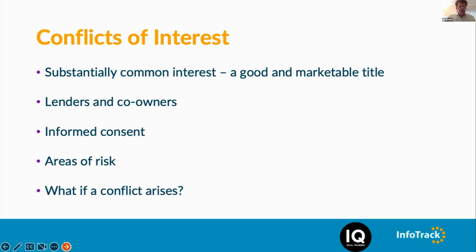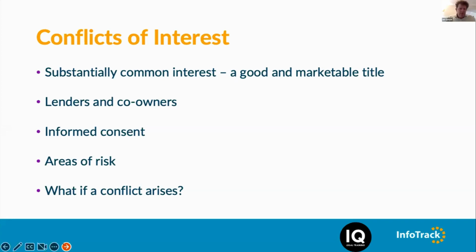So when you're dealing with the co-owner buyer client, it's important that they understand and they are provided with your engagement letter. They're provided with a report on title. They are aware of the loan facility that your client lender is offering and are aware of the duties and obligations that you owe to the lender.